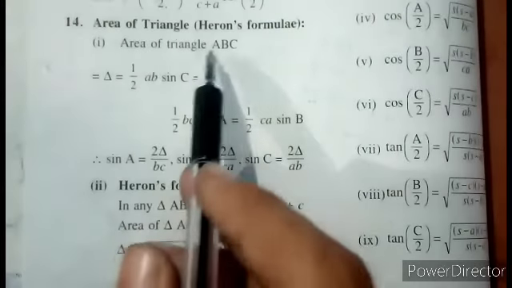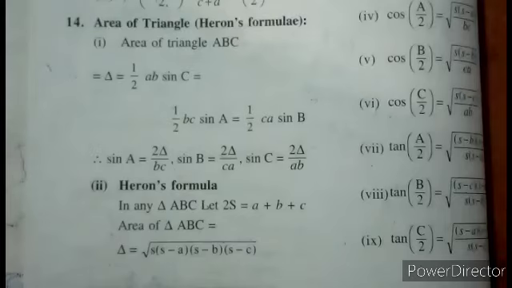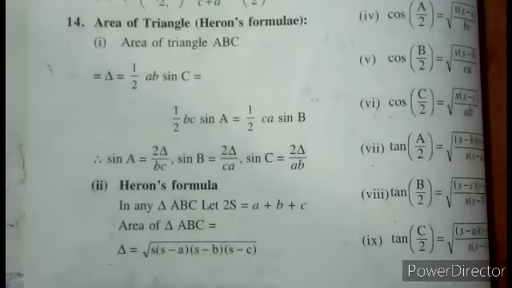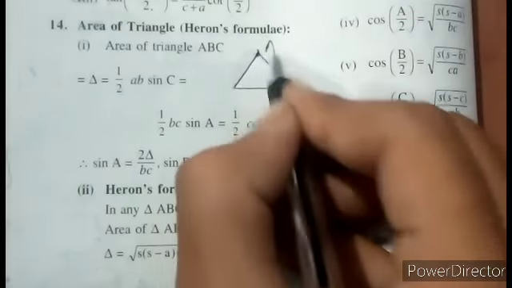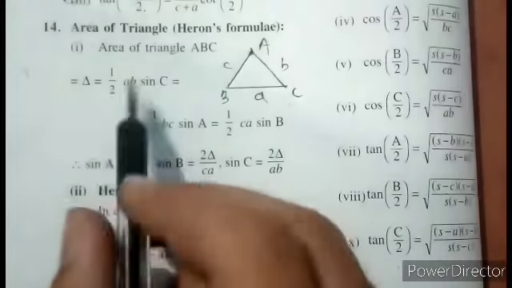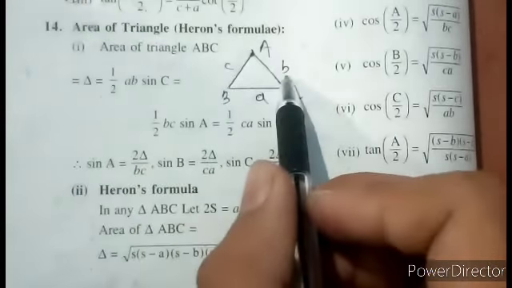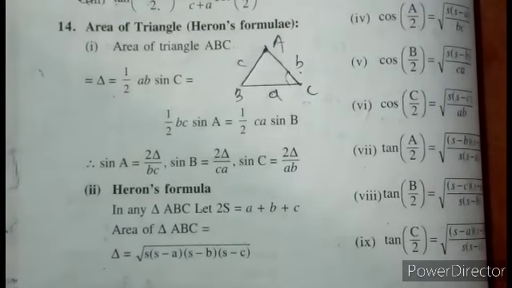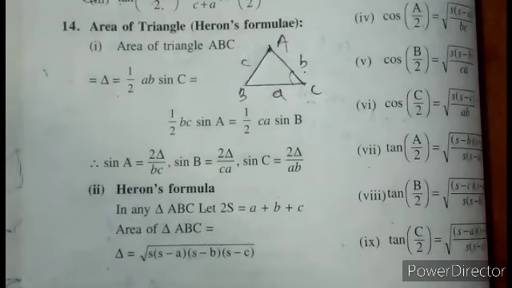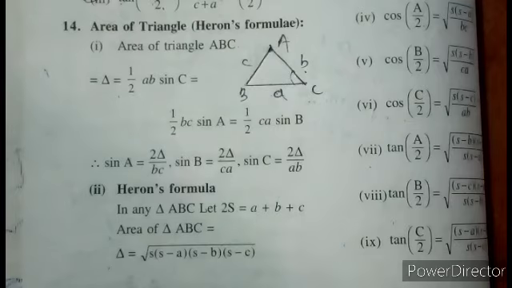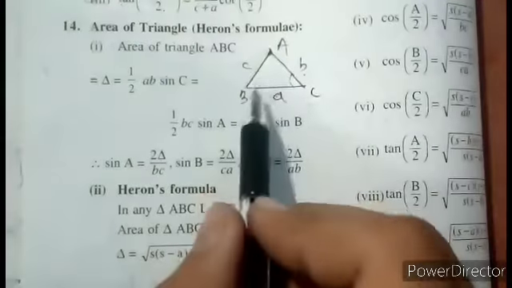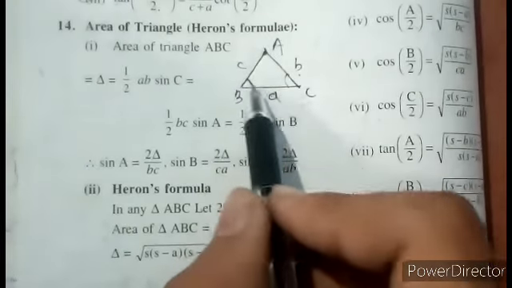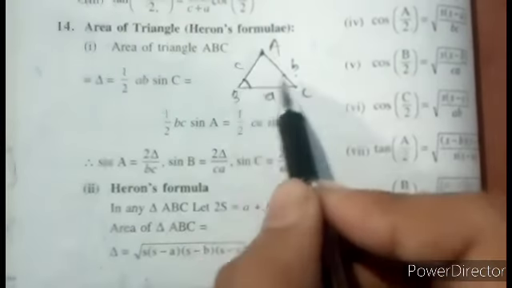The area of triangle ABC is equal to half multiplied with the opposite side of A, small a, multiplied with the opposite side of B, small b, sin C, the angle at C. If we consider triangle ABC with sides small a, b, c, the area formula is half a b sin C. Similarly, half b c sin A and also half c a sin B. If we take two sides multiplied, then take the common angle between them.